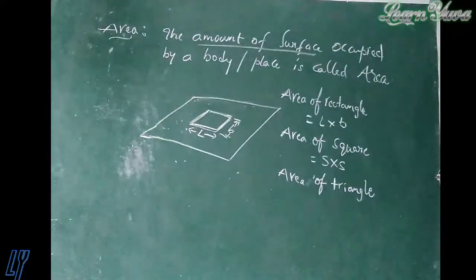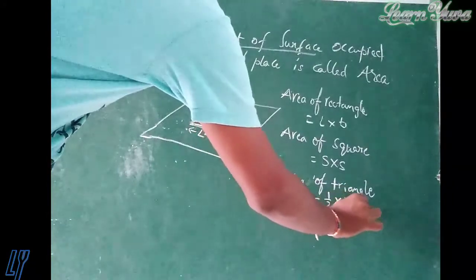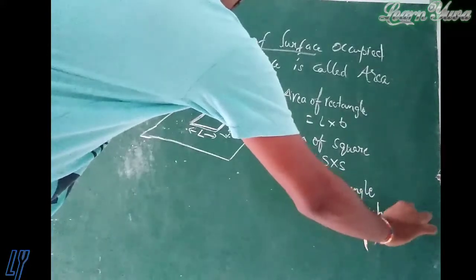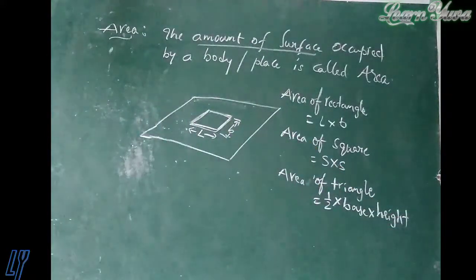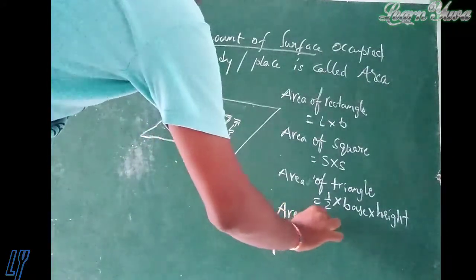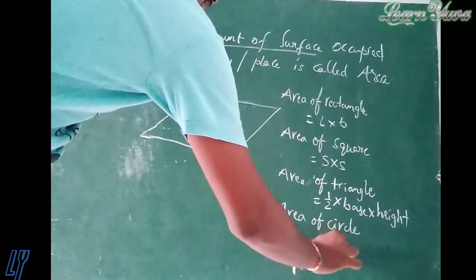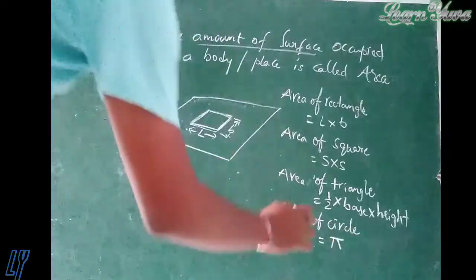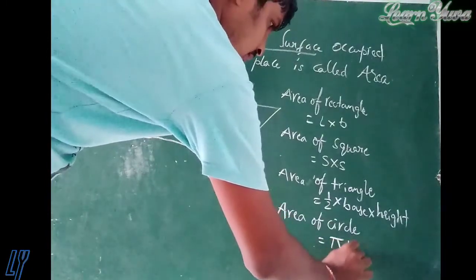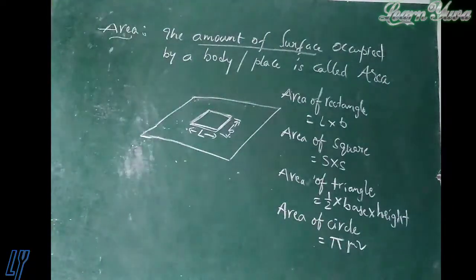Area of a triangle is equal to half into base into height. Next, area of a circle: pi r square. We call this pi. Pi r square, where r means radius.